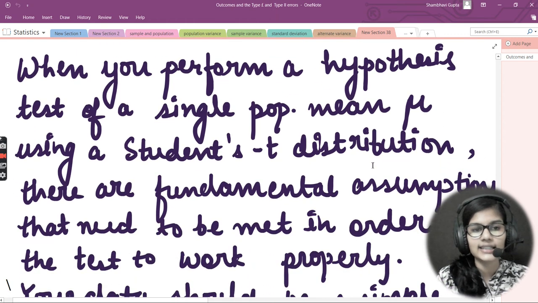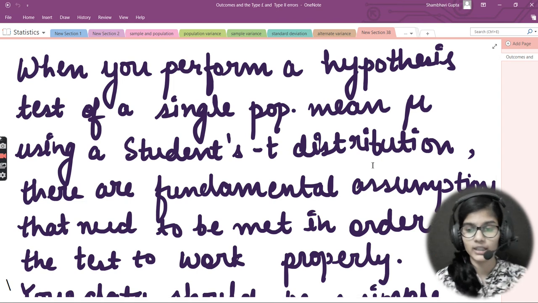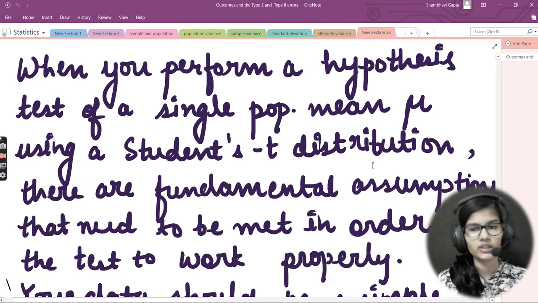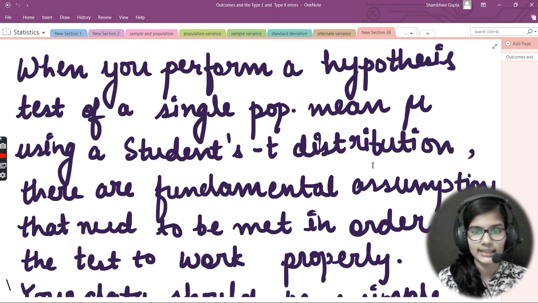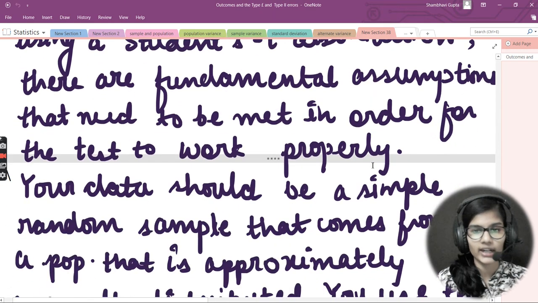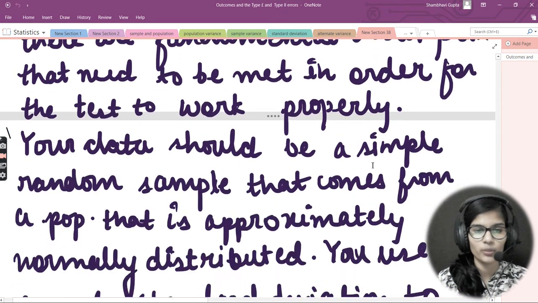We had seen that when you perform a hypothesis test of a single population mean, which we denoted with the symbol mu, using a student's t distribution, there are fundamental assumptions that need to be met in order for the test to work properly.